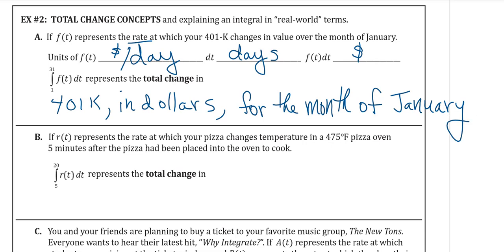All right, part B says, if R of t represents the rate at which your pizza changes temperature in a 475-degree pizza oven 5 minutes after the pizza has been placed in the oven to cook, then if we're looking at the integral from 5 to 20 of R of t dt, it represents the total change in the temperature of the pizza.